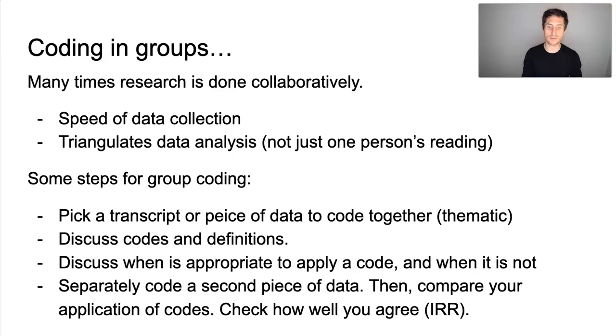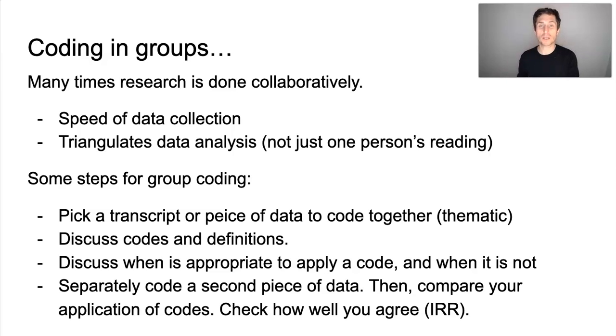Oftentimes it's necessary for either internal validation or for simply distributing the amount of work and the time that it takes to inductively code transcripts or do content analysis or do participant observation analysis across a number of people that have been involved in the research. So this is done somewhat to speed data collection, but for another reason, it is to triangulate data analysis.